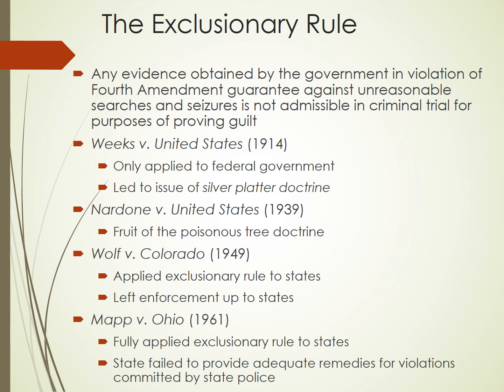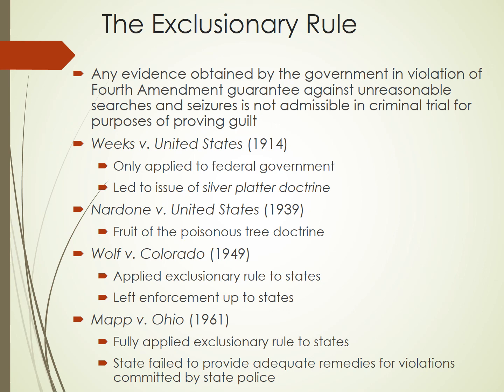So if you engage in an illegal search, which then turns up a gun, which you then show to Jimmy and Jimmy confesses, well, if your illegal search is how you got the gun, and the gun is why Jimmy confessed, the whole thing is going to be out, the gun and the confession. So you have to make sure, this still only applied to the federal government at the time, but they had to make sure that they were doing everything properly as to not taint the rest of their evidence.